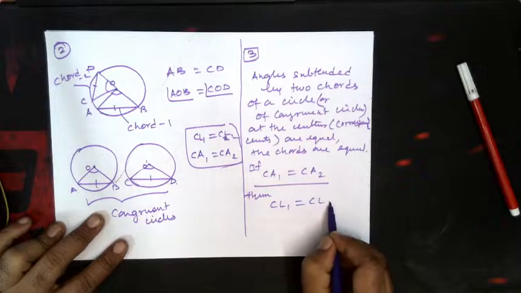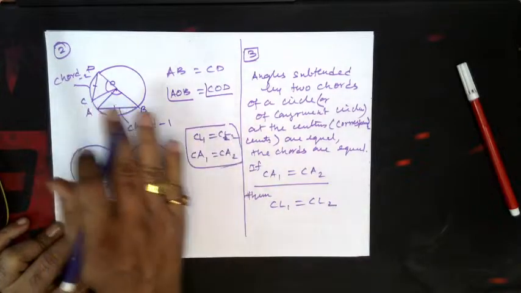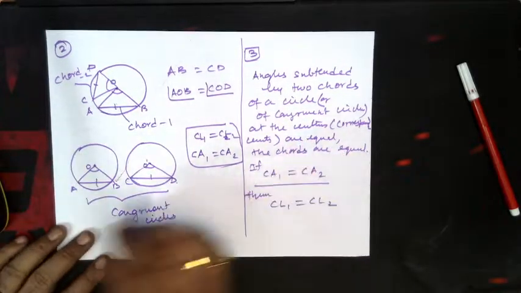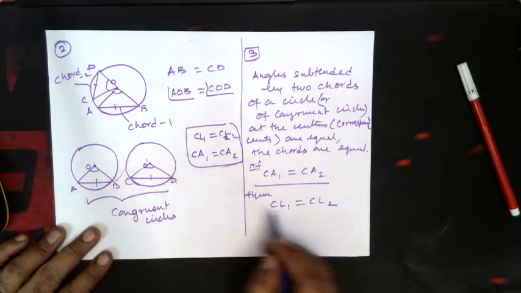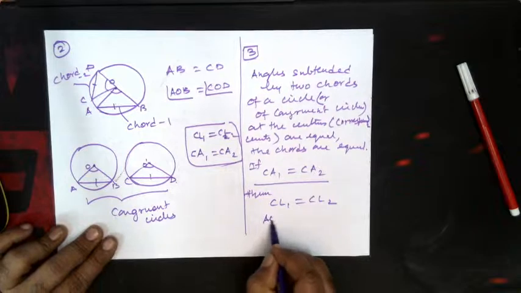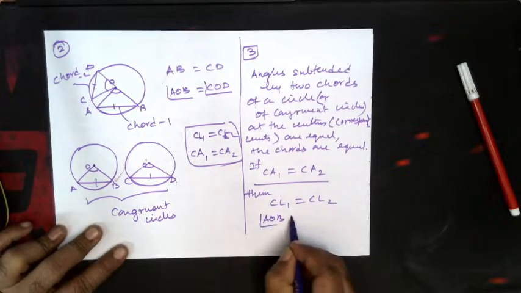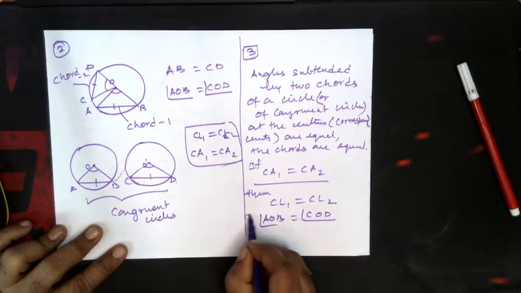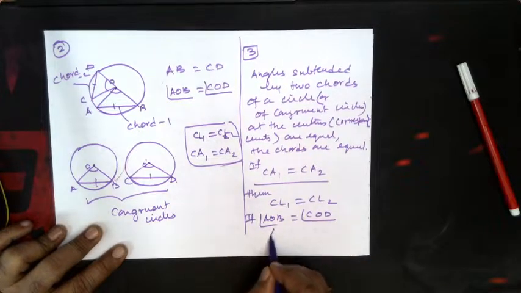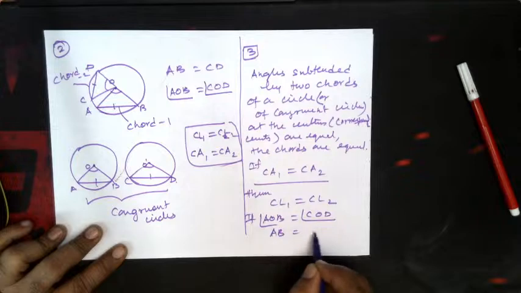That's all. So this is the converse of the second theorem. What do you mean by this? If the angles are equal, AOB is equal to COD, then chord length AB is equal to chord length CD.